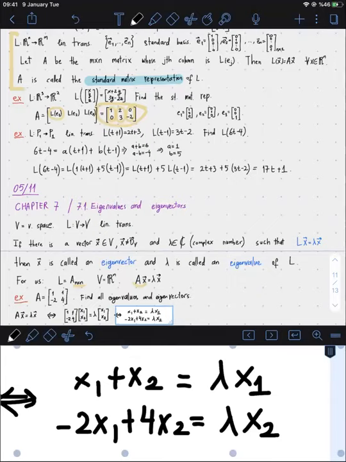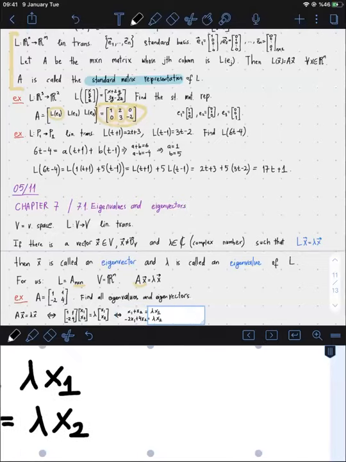So we get two equations. This time we have three unknowns. We have two equations and three unknowns. What are the unknowns? x1, x2 and lambda.